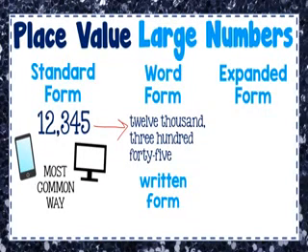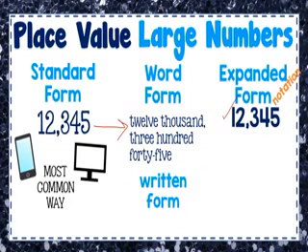The third form of the number is the expanded form, which is also called expanded notation. In this form, each digit is telling its value. Just like 1 is at the 10,000th place, so it has the value 10,000.